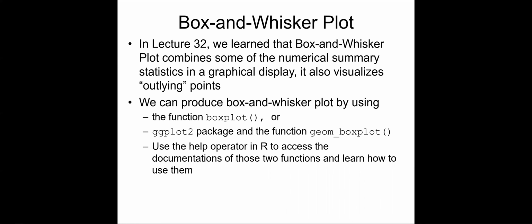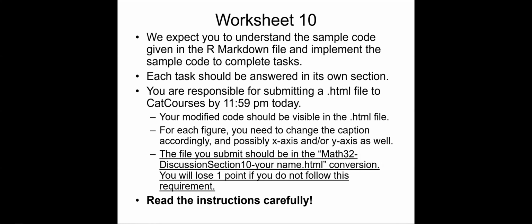You can use the function boxplot as a normal R function to plot a box plot, or in the ggplot2 package, you can use geom_boxplot. And again, if you need help or want to know more about this function, you have the help option in R.